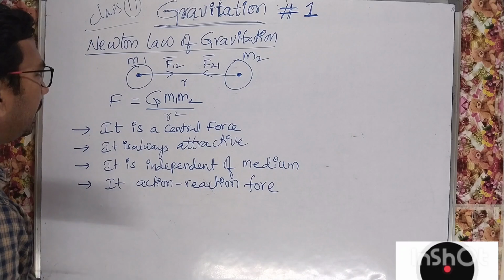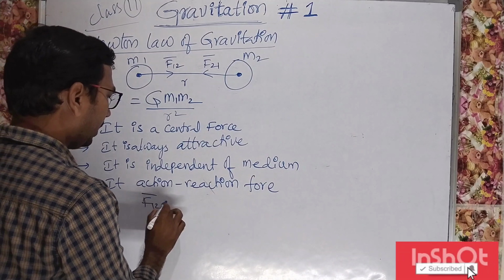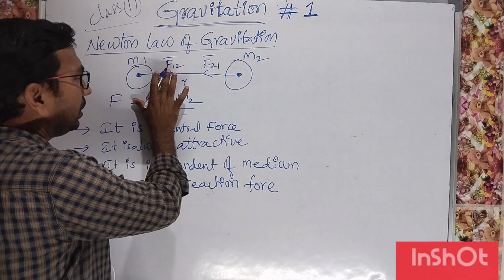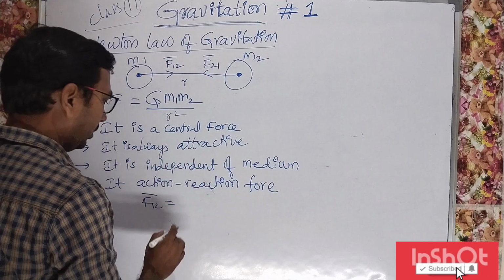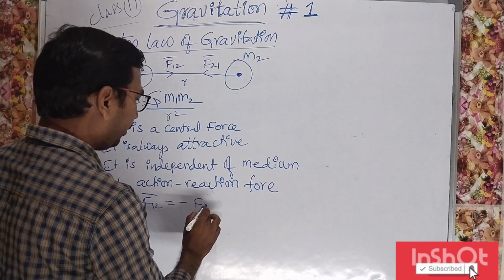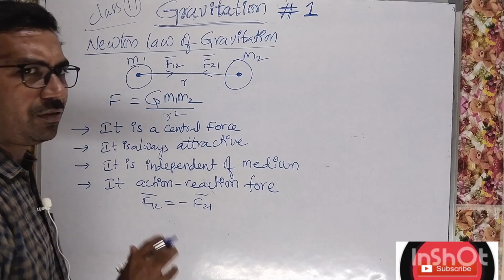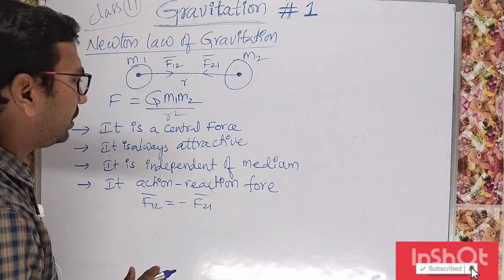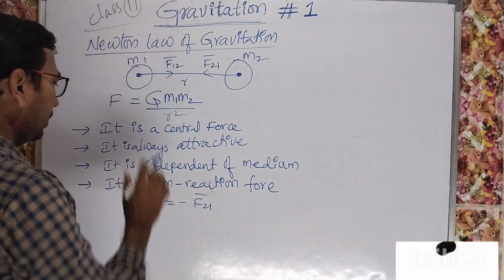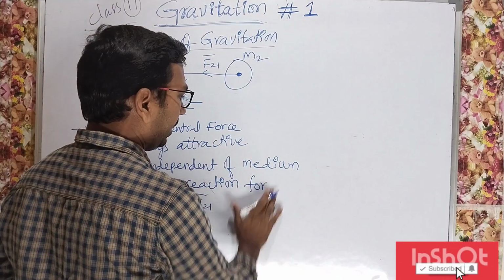This is an action-reaction pair. Both are equal in magnitude but opposite in direction, so F12 bar is equal to minus of F21 bar. A single force can never exist. Force always exists in pairs. So gravitational force is an action-reaction pair.